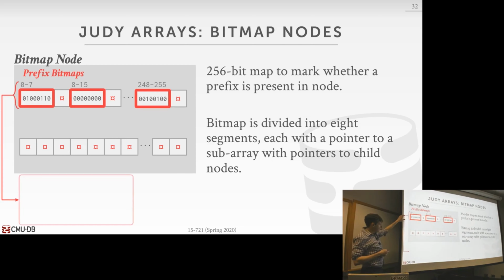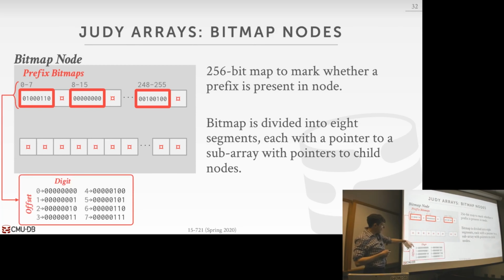So at offset 0, that's when you have nothing but zeros. Then at offset 1 is when you have a 1 at this location. 2 is when you have a 1 at that location, and so forth, right? And I just do this all the way up to 256.